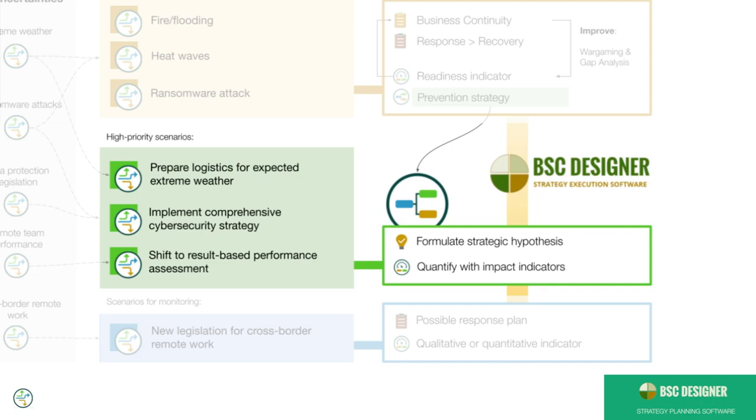For example, in the context of uncertainties related to ransomware attacks and new data protection legislation, the organization might start working on their comprehensive cybersecurity strategy, build a risk model and quantify existing risks, analyze leading factors, form incident response team, and so on.